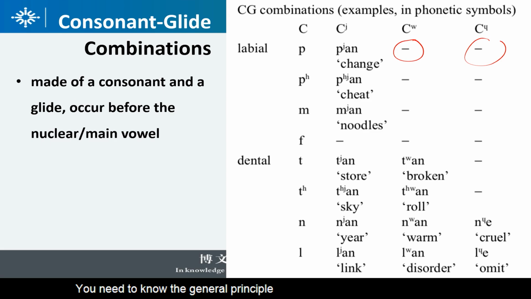You need to know the general principle in order to grasp it completely. Okay, and so the consonant glide combination, made of consonant and glide, occurs before the nuclear or main vowel. Here's the definition of them.